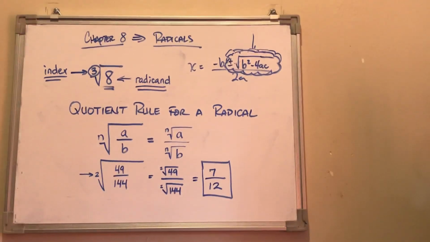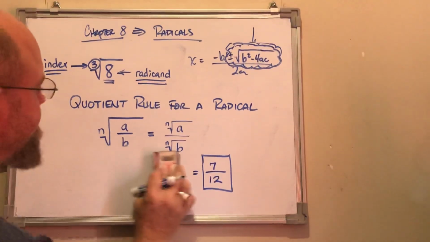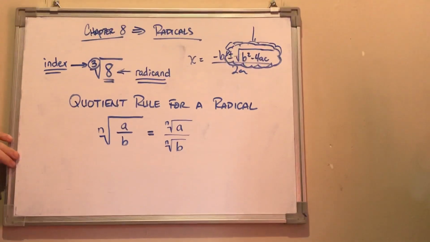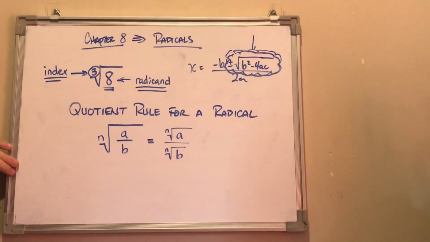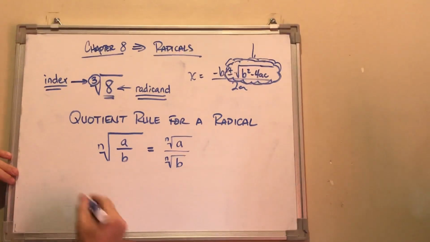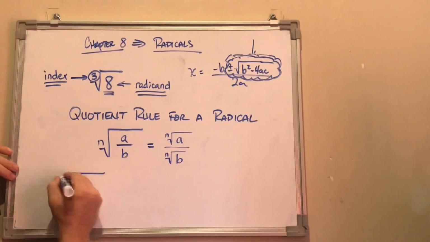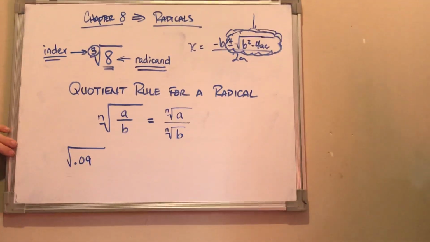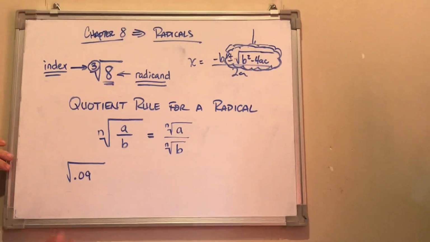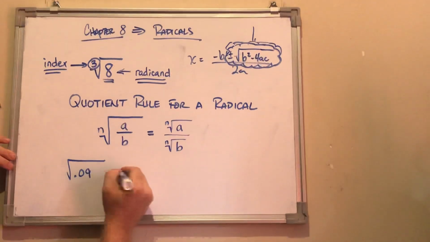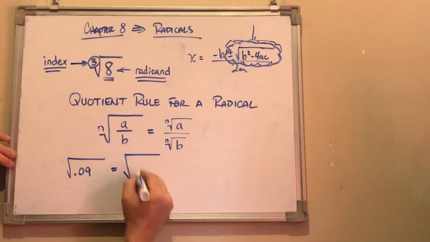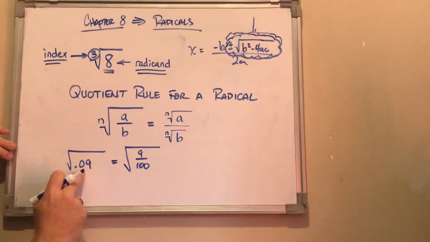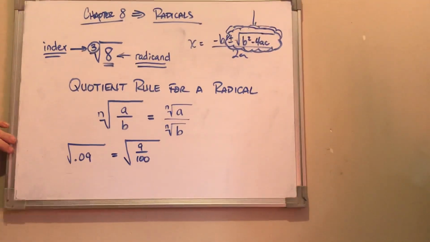All right? Here's another way to use it. We're looking at example 8.1c. What if you had the square root of 0.09? Well, that's a decimal, so we can rewrite that as the square root of 9 over 100, because 9 over 100 equals 0.09.